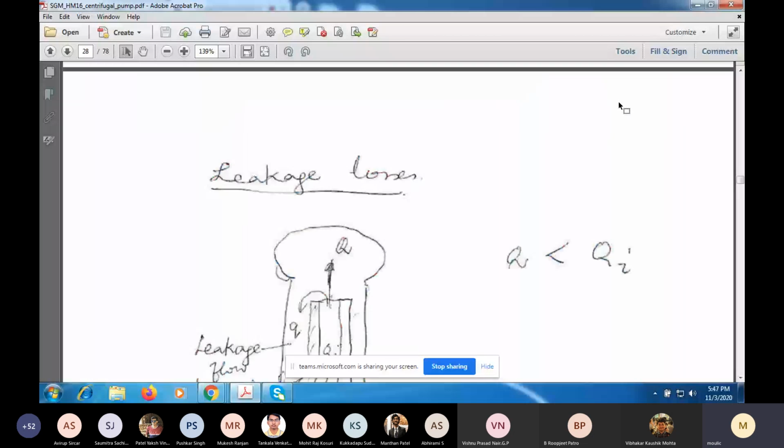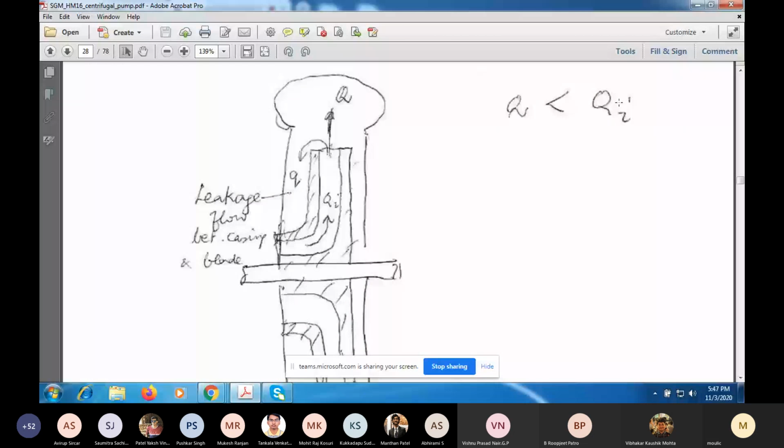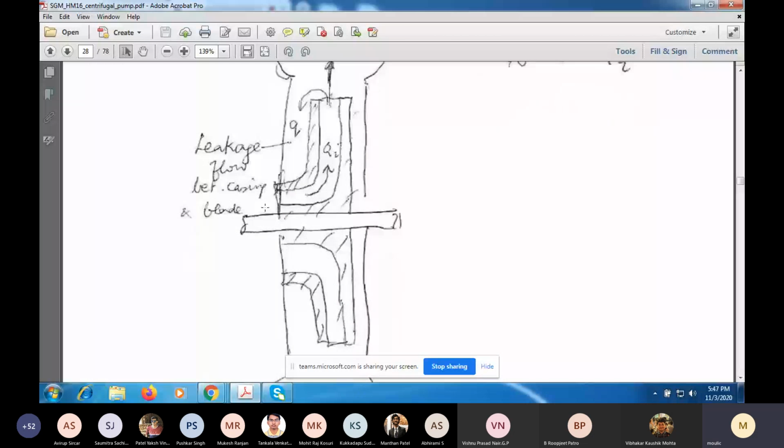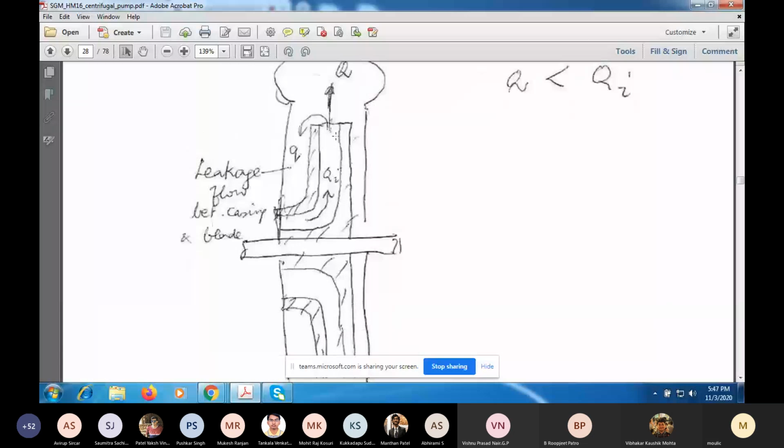Now leakage loss takes place because the fluid will enter axially here, parallel to the axis of the inlet pipe. It will turn and will go out, and it will be collected in the scroll case as we discussed yesterday. But the pressure here is high compared to the pressure here. So some liquid will leak back here between the casing and the blade.